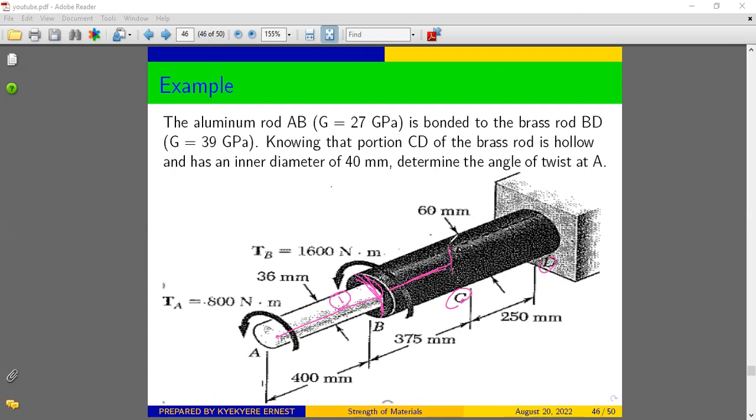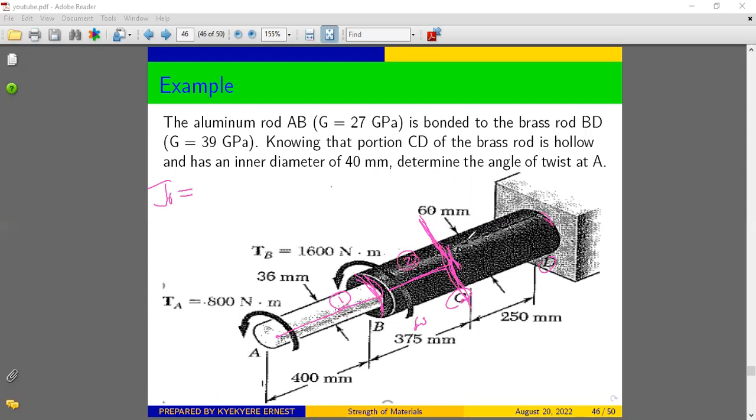So the diameter from B to C will be different from C to D, and I also have to divide at the point C. From B to C is going to be a solid shaft, and we stated that there's a different formula for calculating JO when the shaft is solid, and a different formula when the shaft is hollow. So the diameter is changing, and therefore we must divide at this section also.